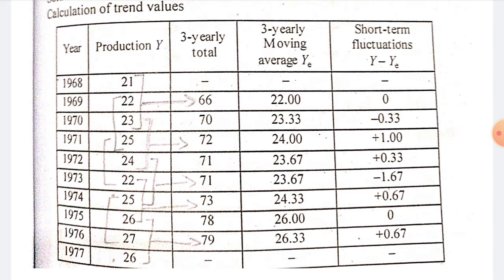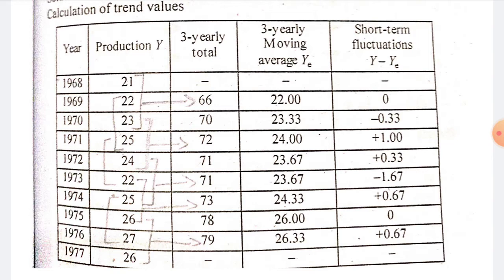Suppose they ask to find the trend value using the 3 yearly moving average, then that's all, you only need up to this column. In case they ask for short term fluctuation, you have to find the last column, which is y minus ye.